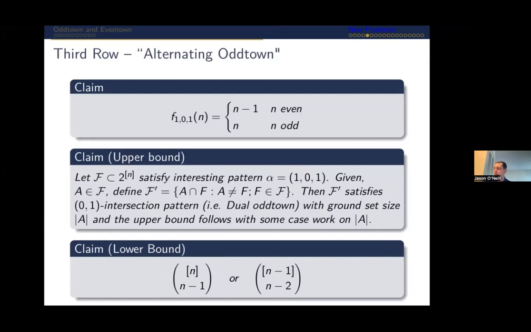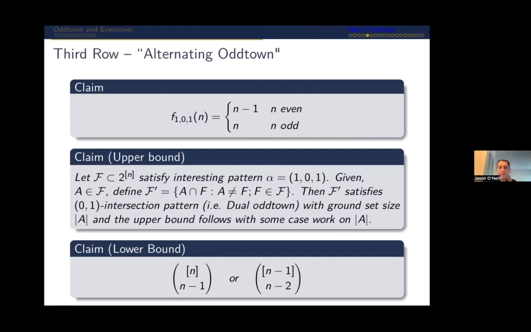So when I take an intersection, the sizes are going to be n-2, because each set here misses out exactly one element. And you can check that these two actually have the size in the claim up here.